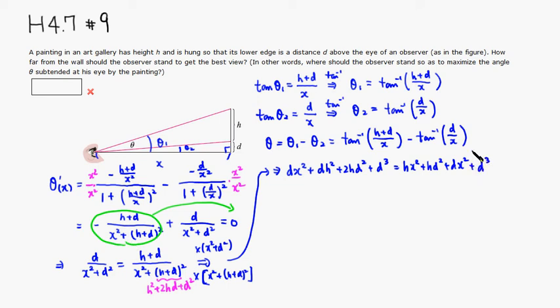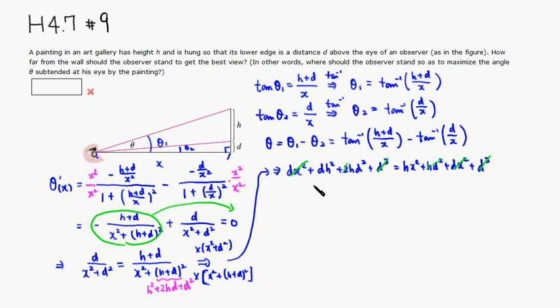Let's see if we can cancel a bunch of things. We cancel d cubed on both sides, and d x squared on both sides. There's an h d squared on each side, so I can cancel one of them.